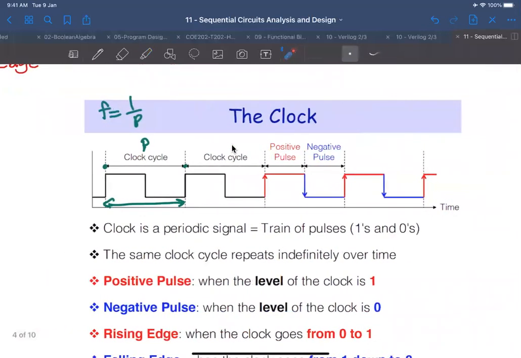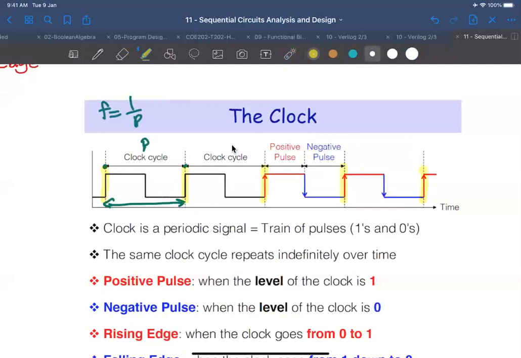For example, if the changes are synchronized with the rising edge, then I expect changes only during the rising edge of the clock. So the change can happen only during this very tiny period of time.